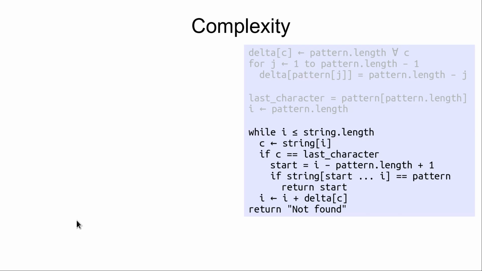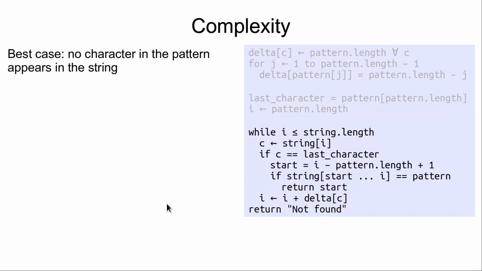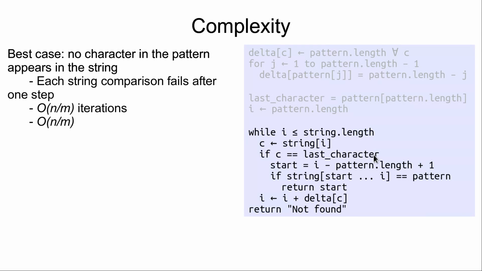In practice, Boyer-Moore-Horspool does a lot better than the naive algorithm. In the best case, no character in the pattern appears in the string, so the shifts are always the length of the pattern, and the comparison with the proposed match fails after 1 step. This leads to big O of n divided by n iterations, and because the comparison only takes 1 step, a runtime of big O of n divided by n.